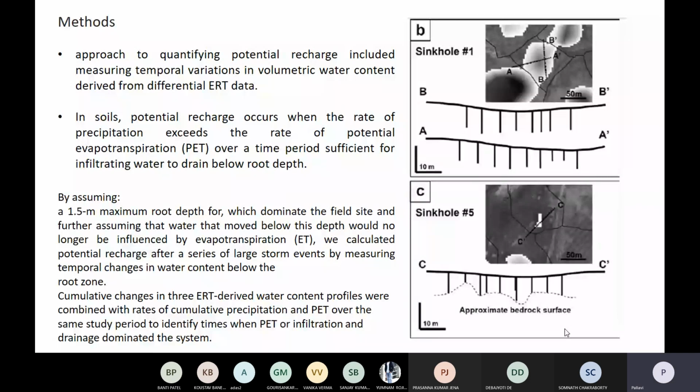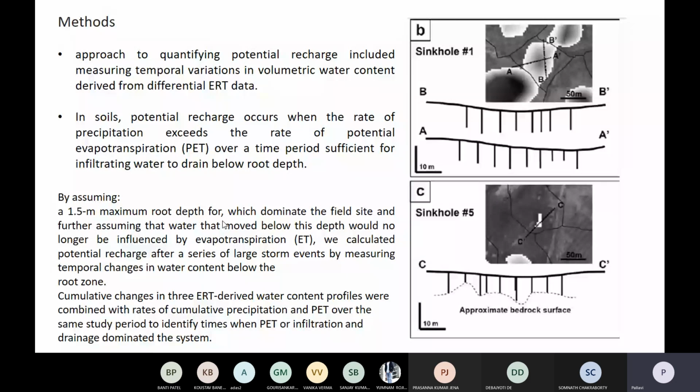So what they did, with 1.5 meter maximum root depth, they made one trench of approximately 1.5 meters so that water can stick there. Commonly the situation occurs, for example, whenever there is a rainfall event, then flooding and water logging take place up to some depth.